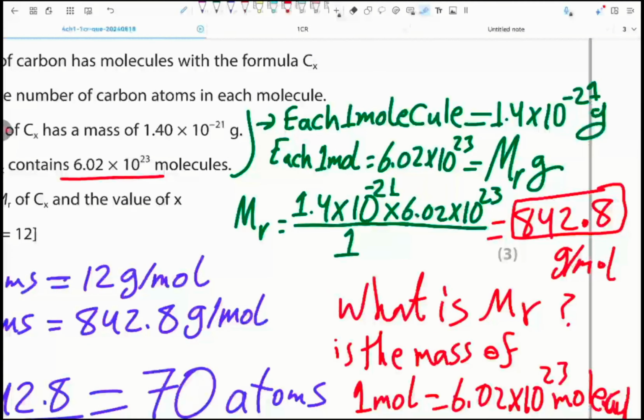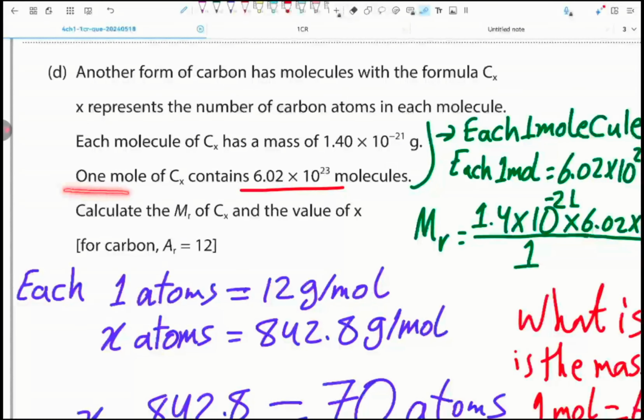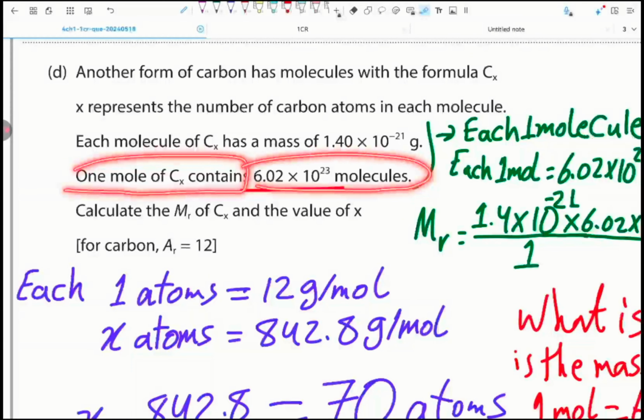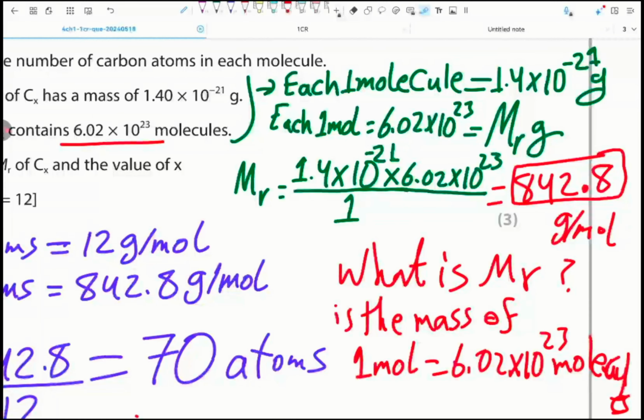How many molecules is 1 mole? As they say here, each 1 mole of CX contains this number of molecules. So the mass of this number of molecules is MR in gram. How to calculate it? Each 1 molecule has this mass. If we have 1 mole of these molecules, what is its mass?